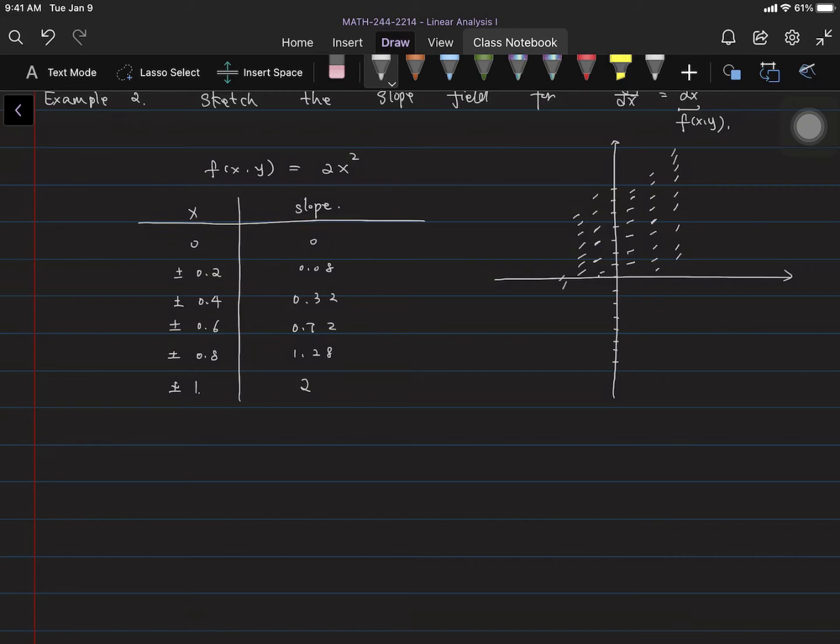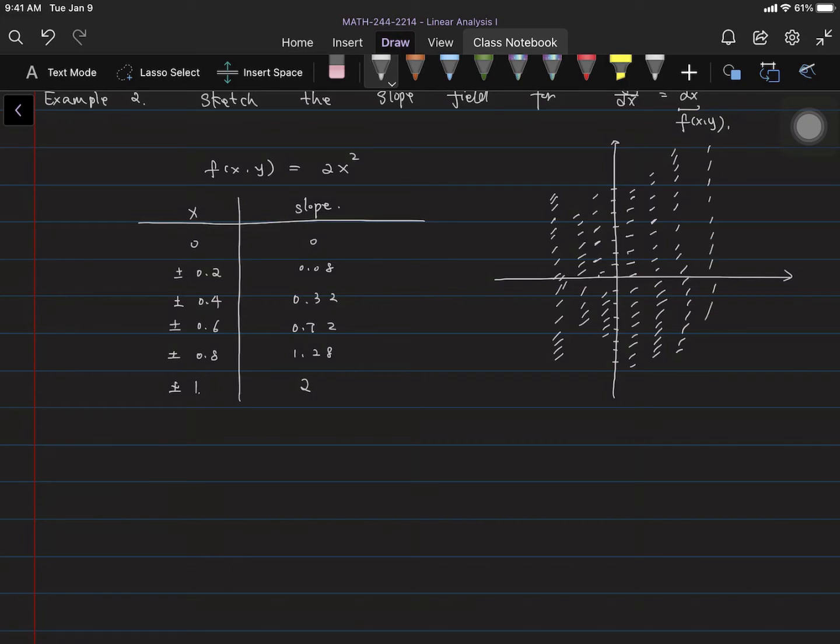Same thing here. No matter what y is, they have the same slope. And yeah, we can stop there. And the 2, maybe slope 2. When x is 1, slope 2.